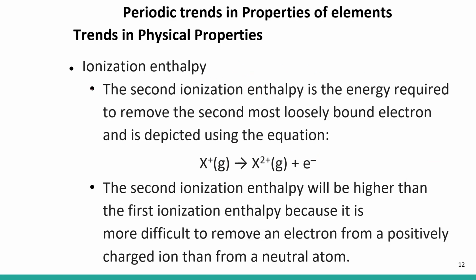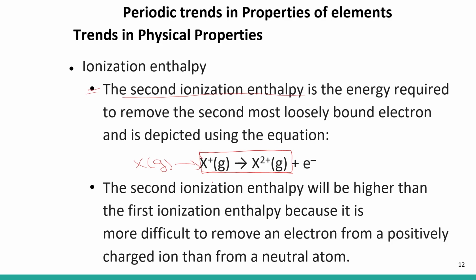In that series, the energy required to remove the second electron is called the second ionization enthalpy. It is quite simple. Suppose we are moving from X gaseous to X plus gaseous, then we remove one more electron to get X2 plus. The energy required to go from this to this is called the second ionization enthalpy.